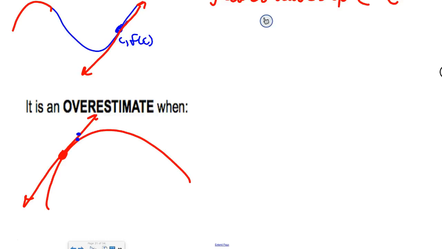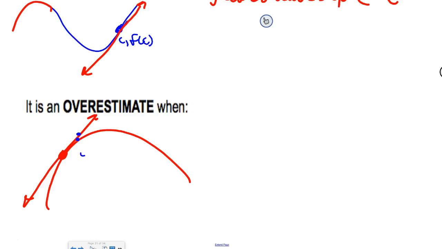The College Board always asks this question. They'll say, is your estimate an over or an underestimate? If you just guess, it's 50-50. So you have to give the reason. You would say, I have an overestimate because the graph is what? Concave down at this point.